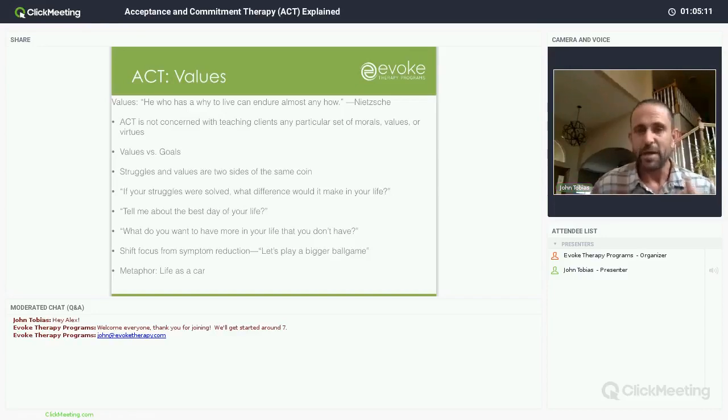But typically, if we can continue to stay connected to our values and let our values dictate our behavior and how we move through the world, we will eventually have good feelings. We will eventually feel good. And for me, I really don't know any better way or any faster way to feel better than to move in a values-driven direction.